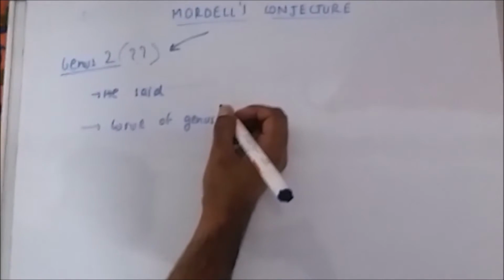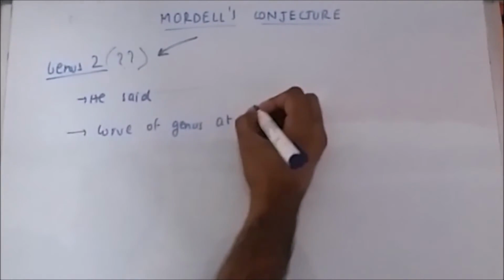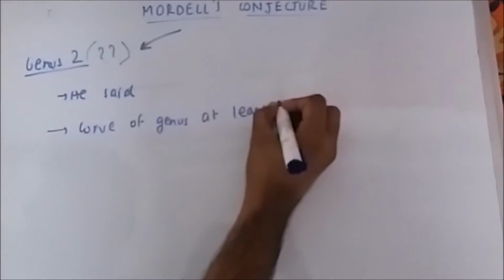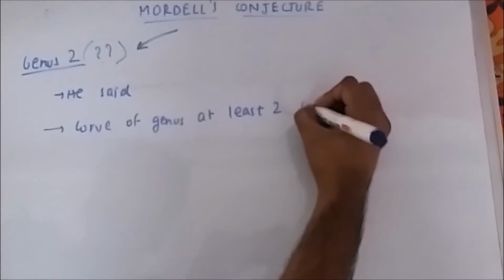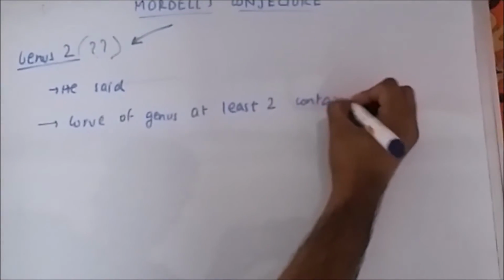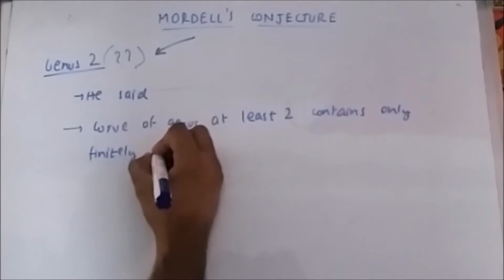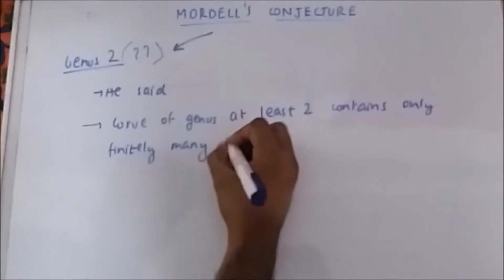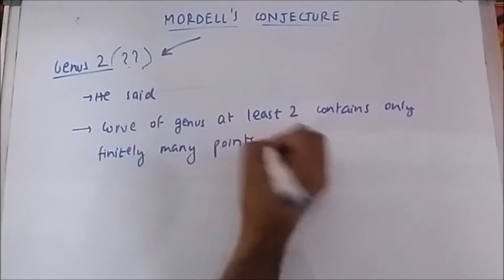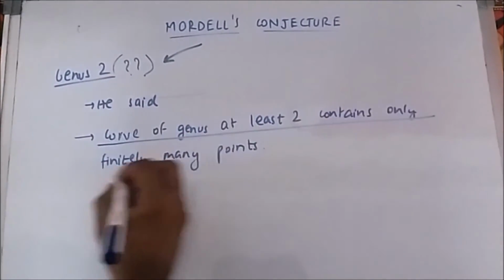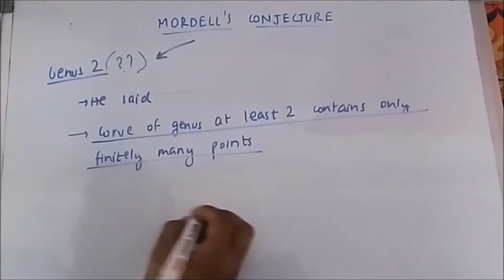He said that a curve of genus at least two contains only finitely many rational points. A startling result, thought to be a conjecture. That is why its name is a conjecture.